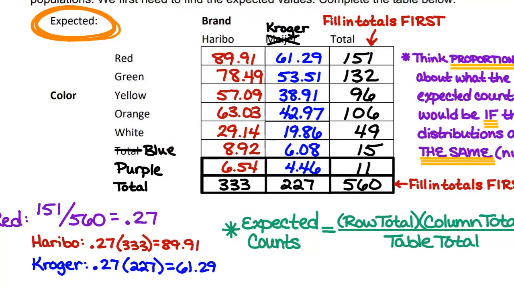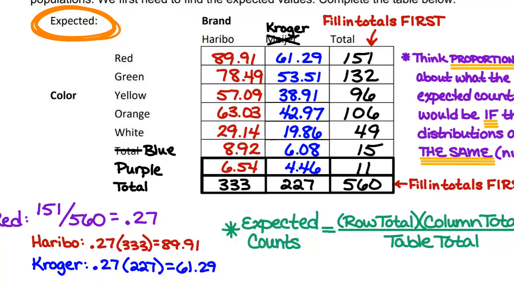Do you guys remember what our conditions were when we were doing the goodness of fit test, or for anything that we've done conditions on? What are the three things we need to check conditions on? Randomness, independence 10%, large counts, general shape, yes.